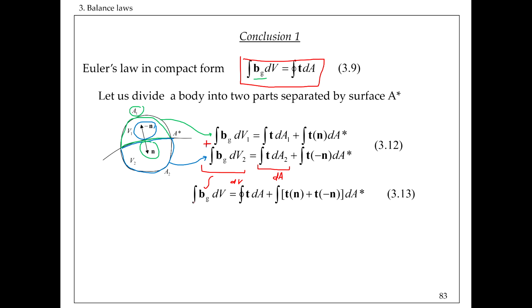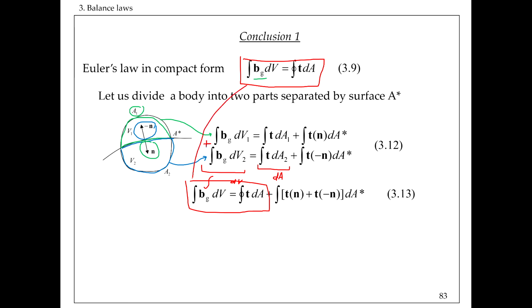We have this part, which is exactly Equation 3.9, and we have what appeared here: the traction that we integrated over the same area dA, but with different normals. This whole thing we can get rid of, because if we pull it to the left, it will be just 0, by the nature of 3.9.